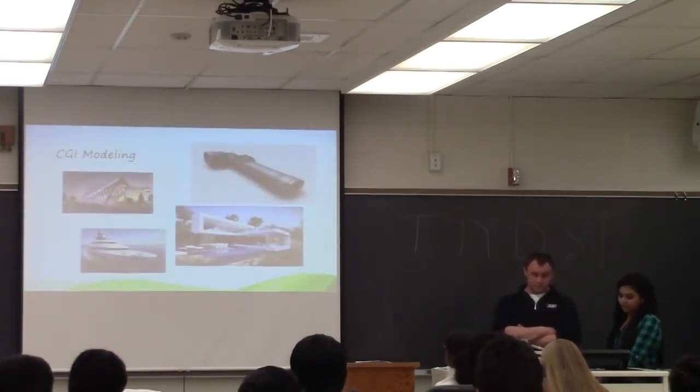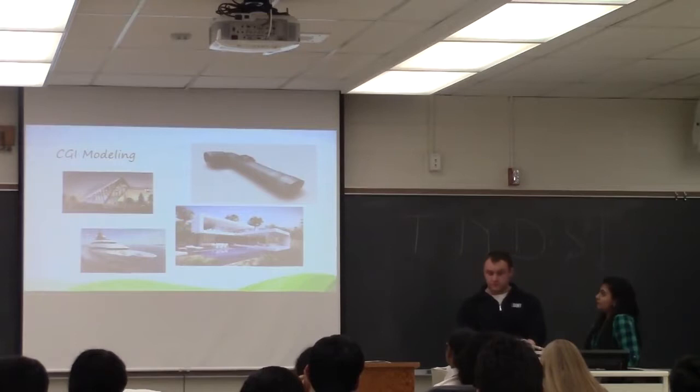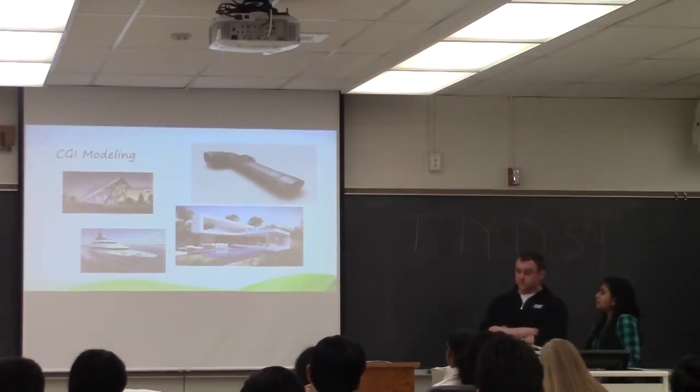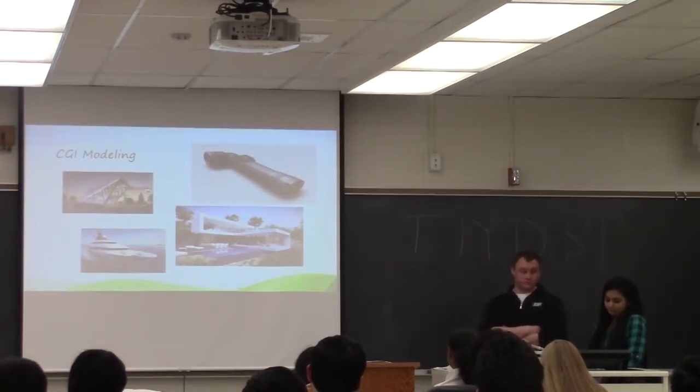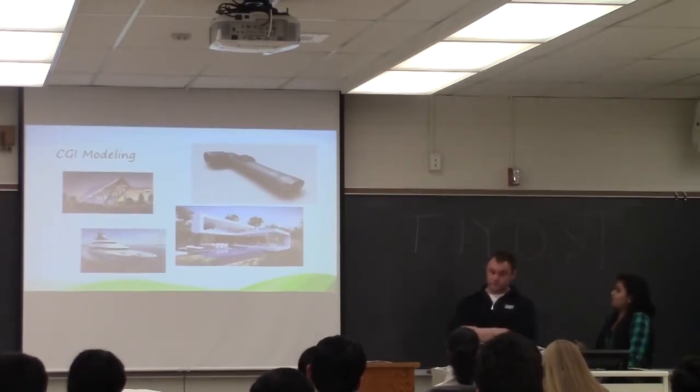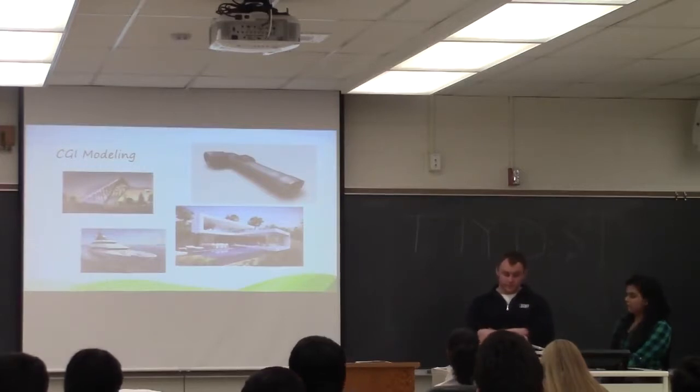CGI modeling. By using CGI, modern architects are using this technique for producing architectural drawings and plans where they can produce more photorealistic images, and by this the customers can visualize how the new architecture looks, and they also get the look and feel of the buildings.